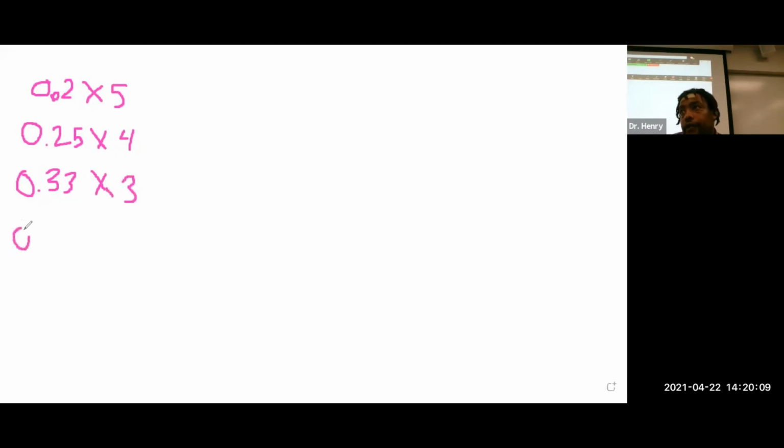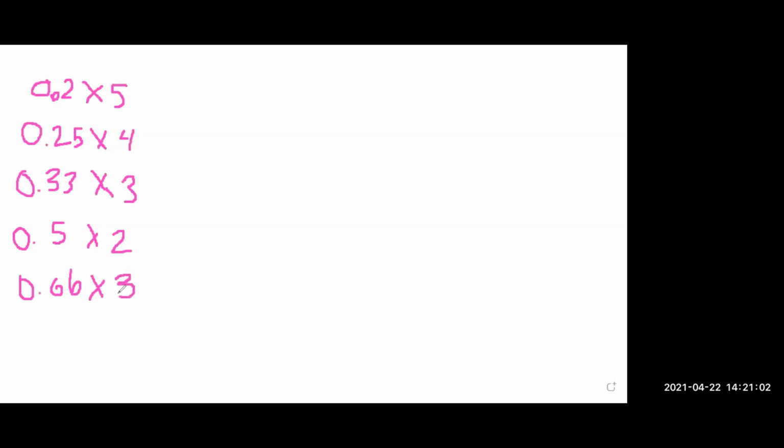If the number is 0.5, 2. If the number is 0.66, if I multiply by 3, what would that be? 1.98, roughly 1.98, right?